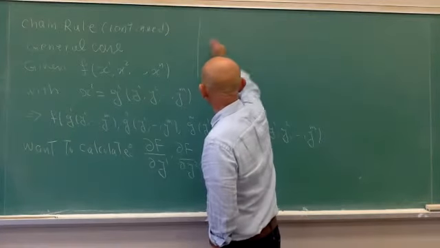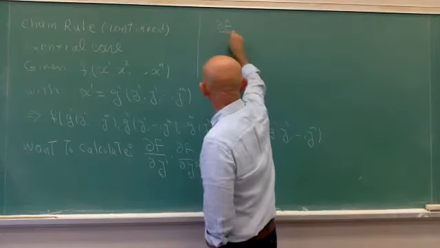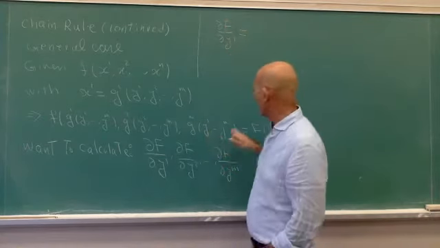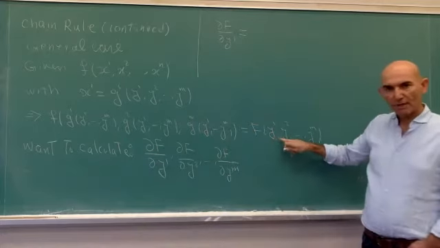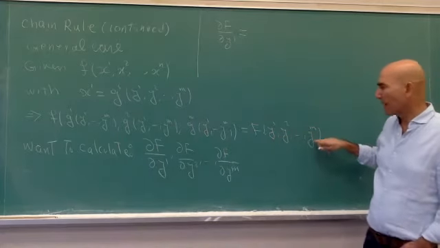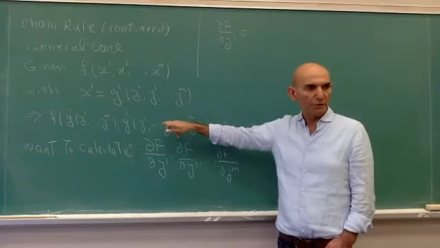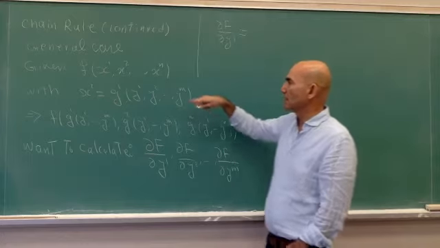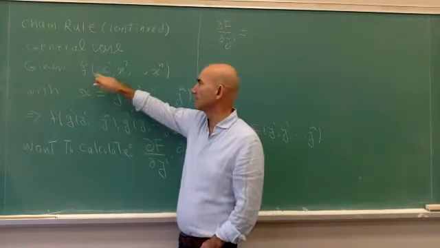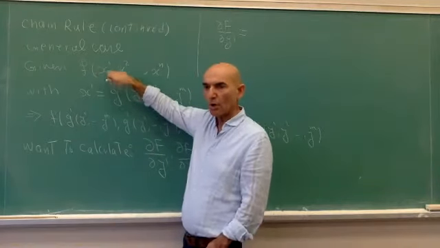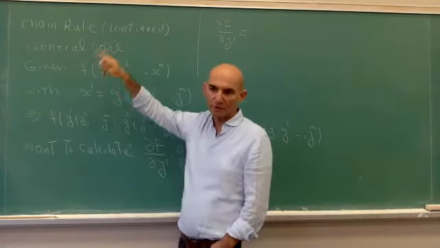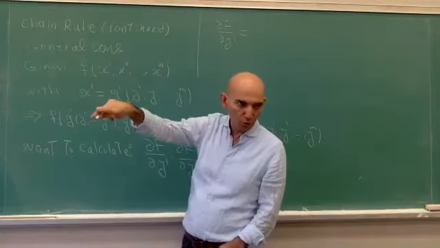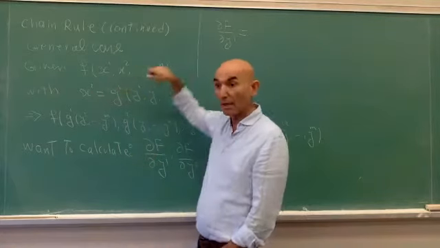So for example, partial of F with respect to y1. Here is a function of m variables y1, y2, ym, and we want to compute the partial with respect to y1. So the name of the game is like this. You take the partial of f with respect to x1, you multiply by the partial of x1 with respect to y1, and then with respect to x2, x2 to y1 again, and so on.